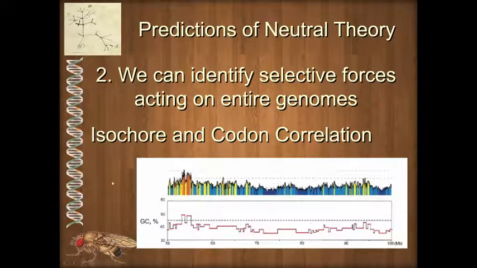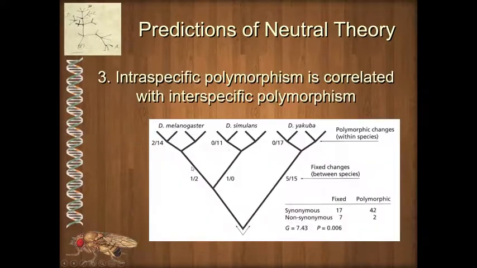So know the definition of isochore, and know that it can play a role and can be correlated with codons. So if I'm in a very low GC content area, I might expect to see a corresponding bias in the codons in that area that would have fewer G's and C's. Okay, and it's not huge in eukaryotes. I think this was taken from a human, but it's significantly different enough that we need to investigate it.